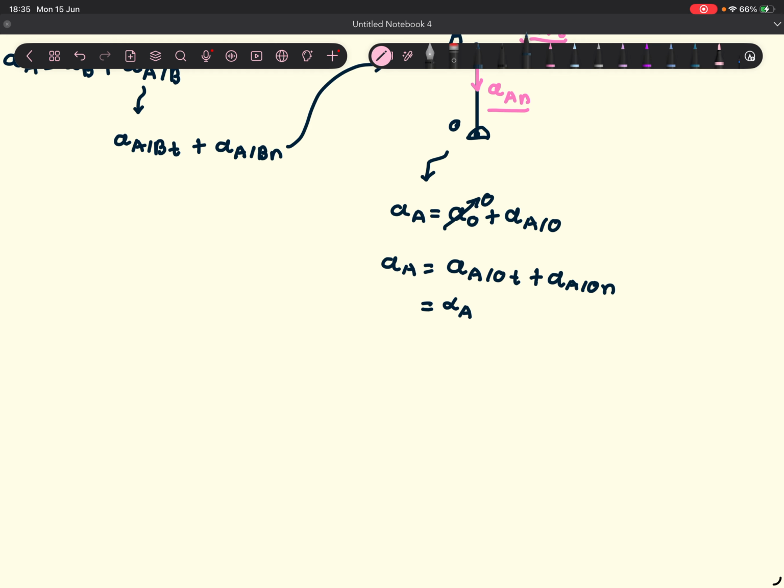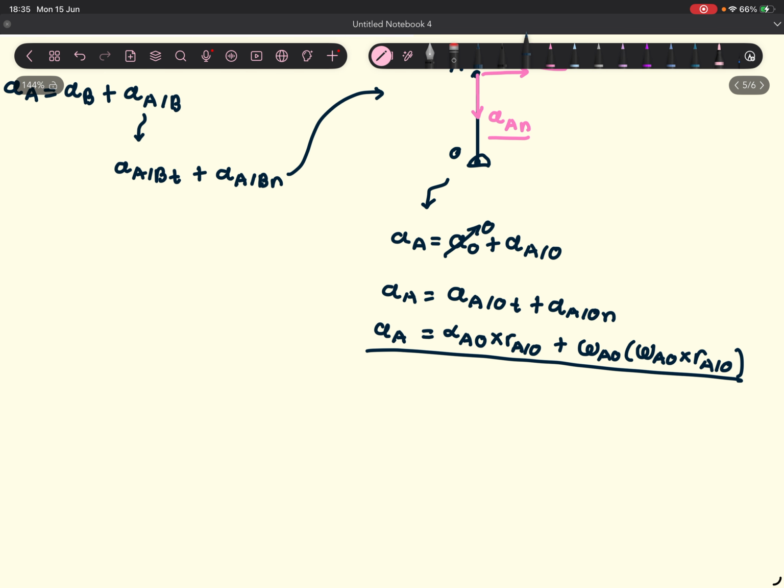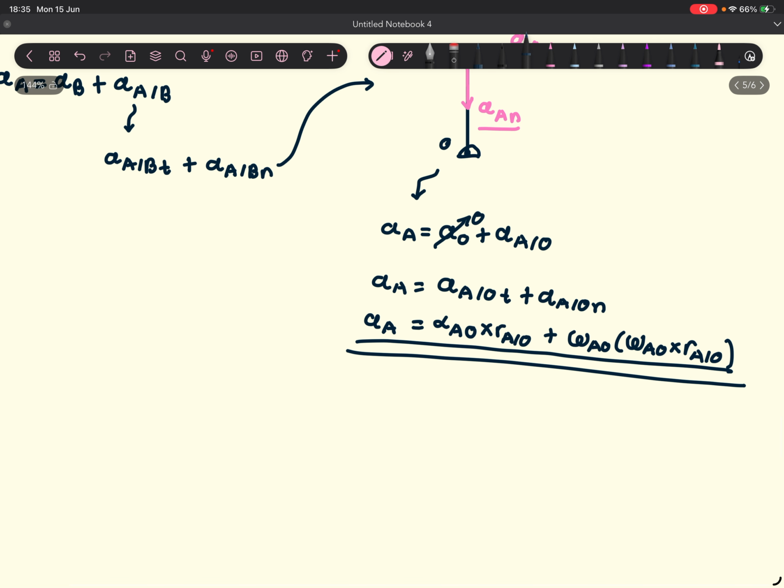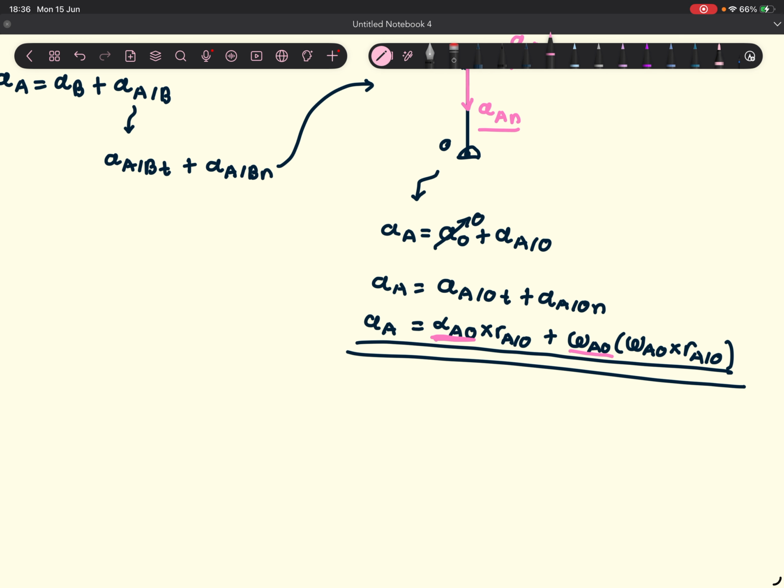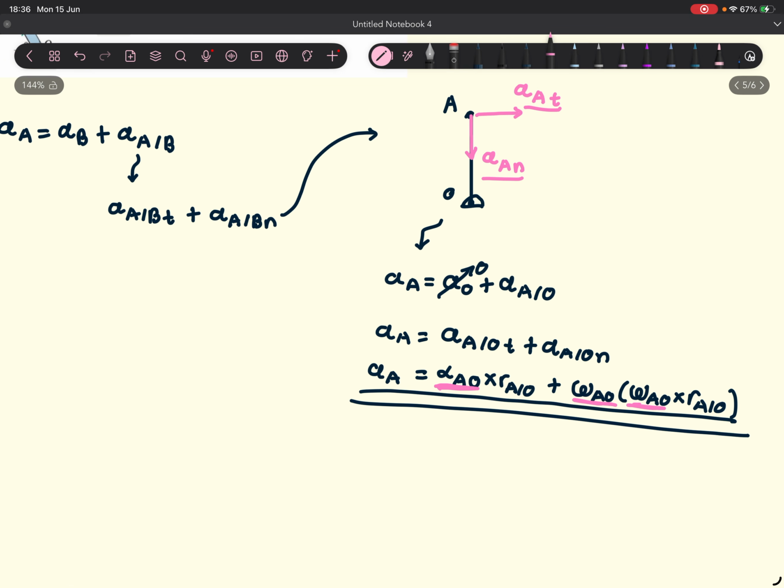This is going to become alpha AO crossed with RA relative to O, plus the normal component, which is going to be omega AO crossed with omega AO crossed with RA relative to O. And that will fully describe the acceleration of A. So in each case we have a term that describes the rotation of the component, and this shows you that the acceleration of A is purely due to rotation.